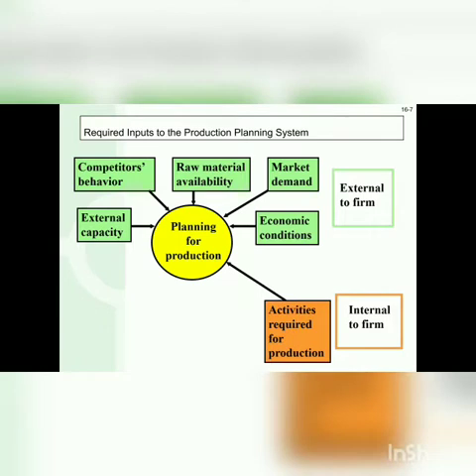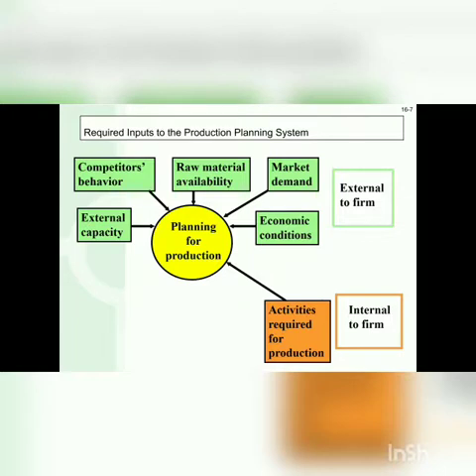Then comes the activities required for production. Friends, here you can see that all these 5 factors are external to the firm. You do not have any control over economic conditions. You cannot control the market demand. You have no control over the availability of raw materials.